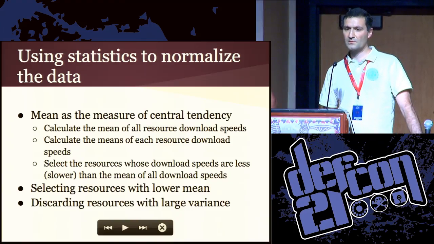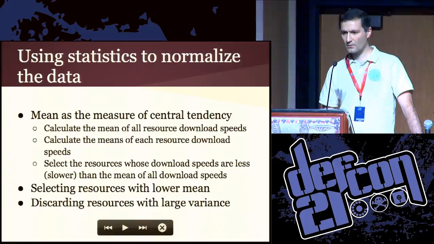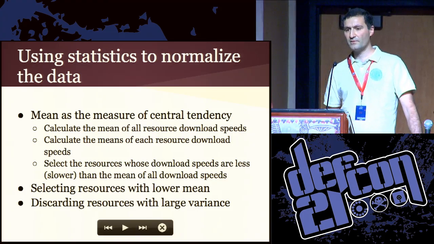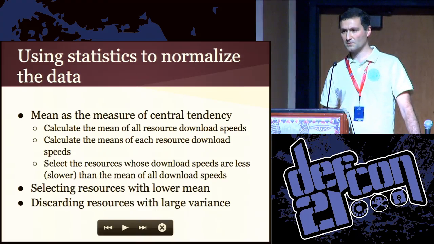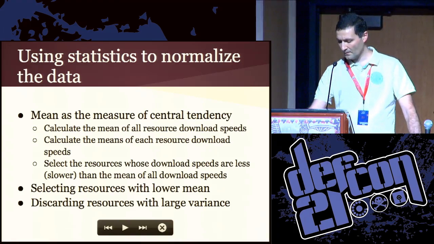We select resources that have slower download times or start-to-download times, and we think that this is related to CPU load. The reasoning is that all the transfer delays, the network related ones, are the same for all the resources. So if some resource has higher transfer time, that must be resource specific, and that makes it interesting.